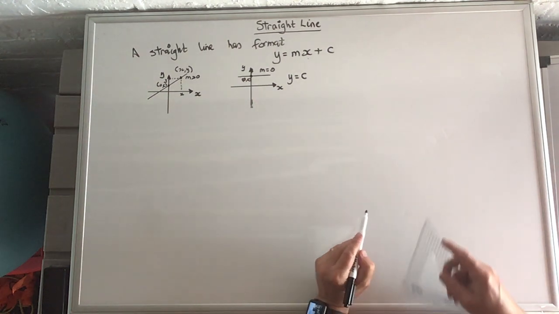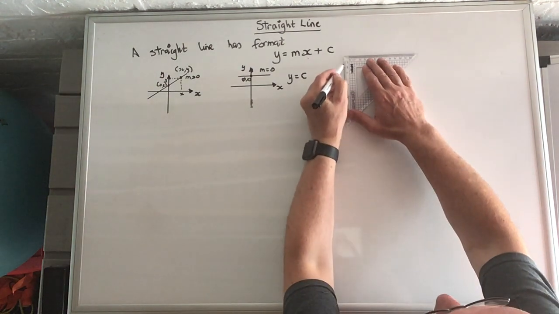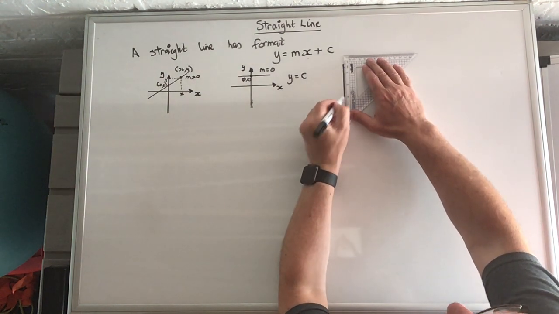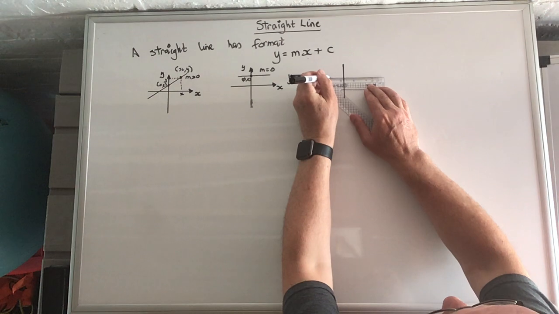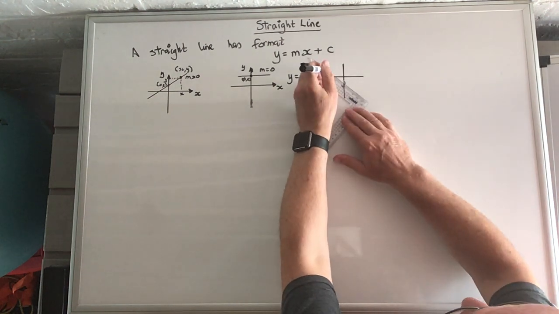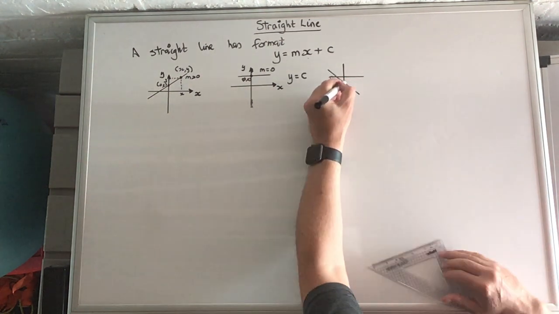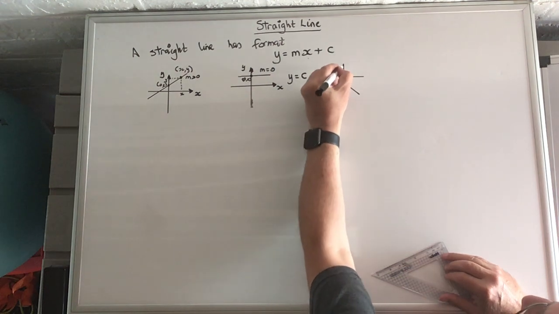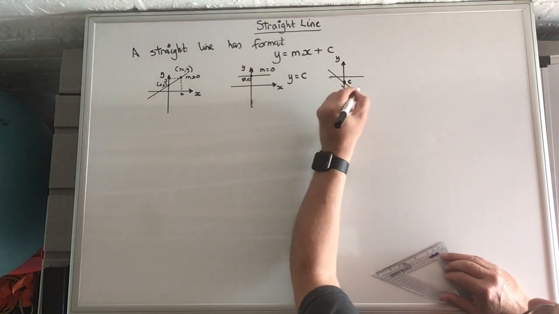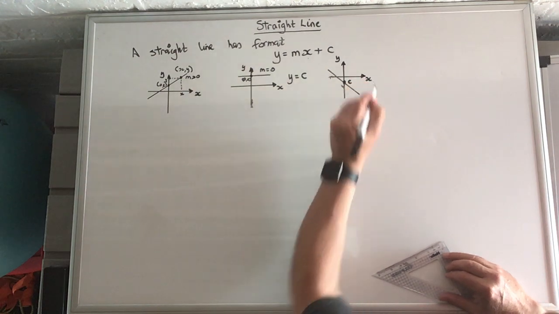C being where it crosses the y-axis. Okay, let's look at another type, when the gradient is negative. We'll just draw one going down like this. This is the c value. This is the y-axis and x-axis.